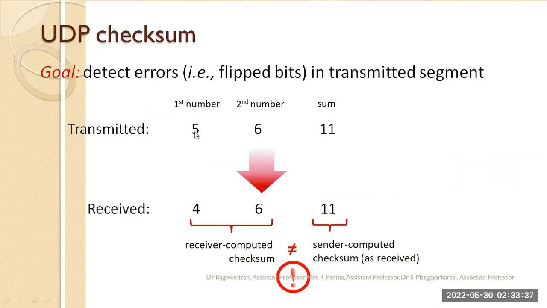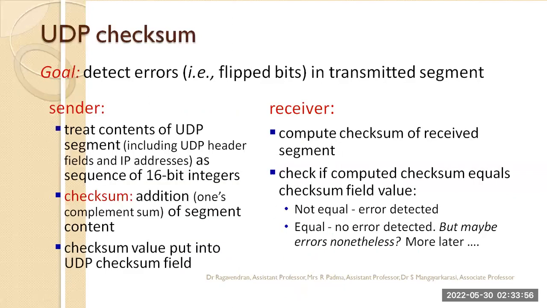For example, I'm sending 5611, but it is received as 4611. So sender and receiver have different information, which is known as an error caused during transmission.